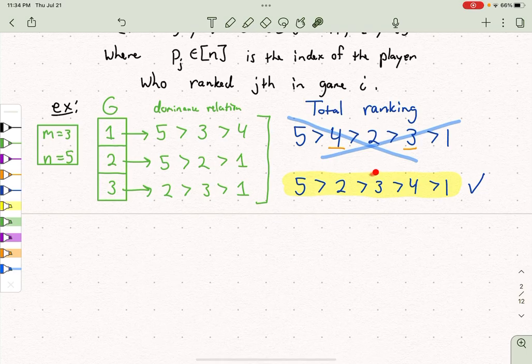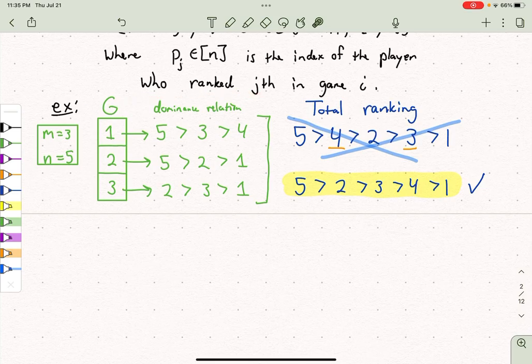So here's a different one where 3 is now in front of 4 in the list, and this one actually satisfies the properties. So 5 beats 2, and 2 never beats 5, so that part's fine. 3 never beats 5 or 2, so that's fine, and so on and so forth. So this is the type of ranking we want to output overall if this was the input.